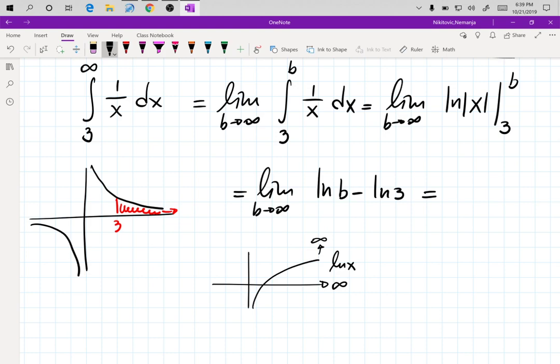Now, is this the point where you start memorizing? Well, let's see. How about you redo this problem, just put 1 over x squared. So the integral from 3 to infinity of 1 over x squared dx.